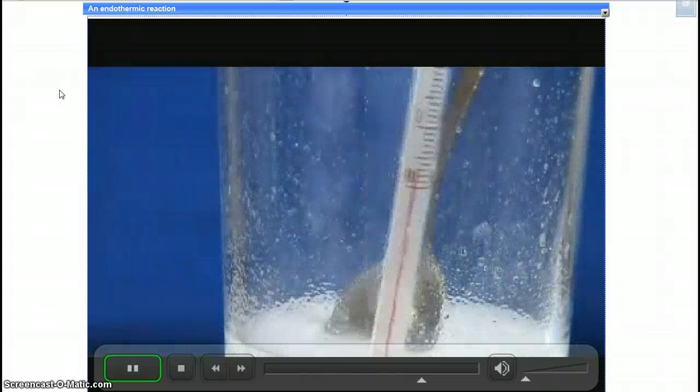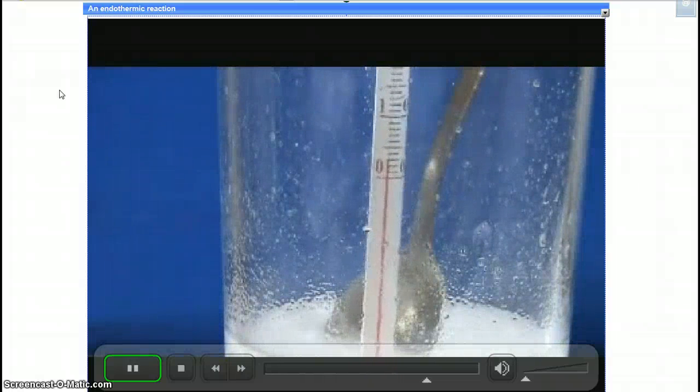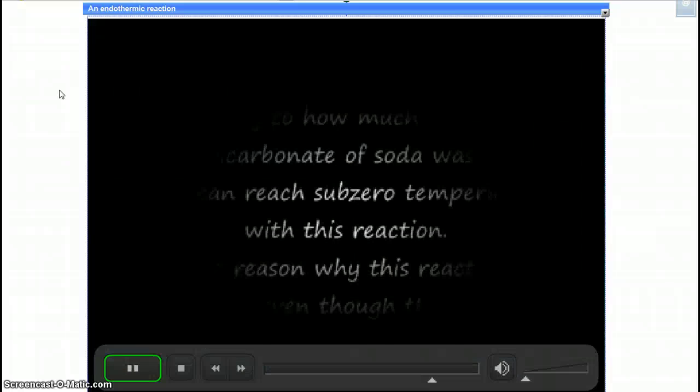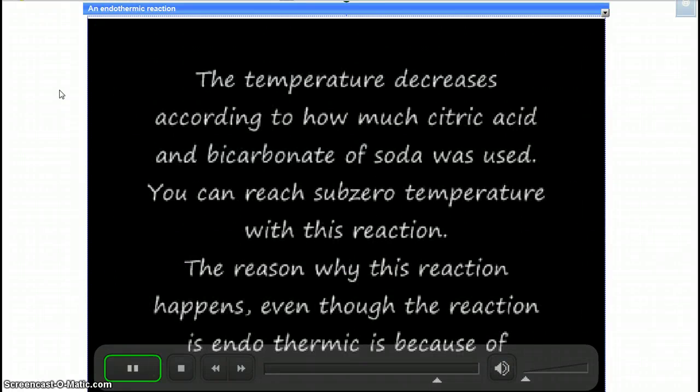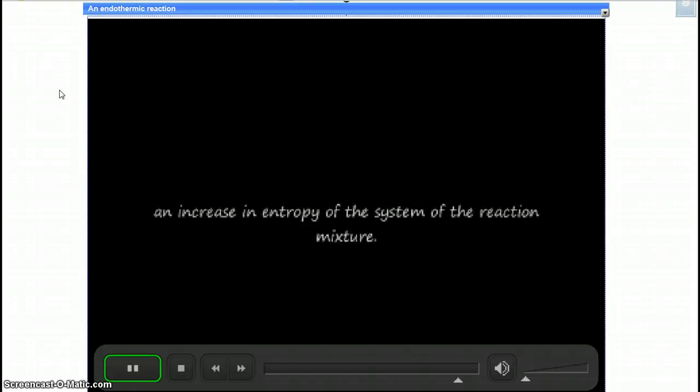And because it's getting colder, because that heat energy is being absorbed, endothermic reaction. Okay. So there you go. A little bit of entropy for you.